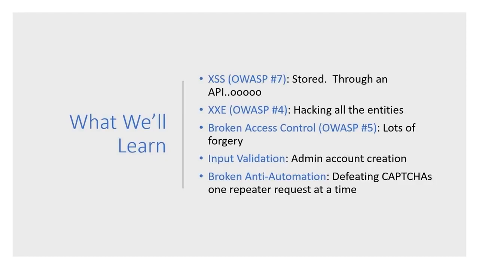We'll also be talking about input validation, and we'll actually be using an example of an admin account takeover that I have seen in the real world during a pen test. I will show you what this looks like, and it's fascinating going through this because I have seen this happen before, so it is very realistic. And then we'll talk about broken anti-automation, defeating CAPTCHAs one Repeater request at a time.